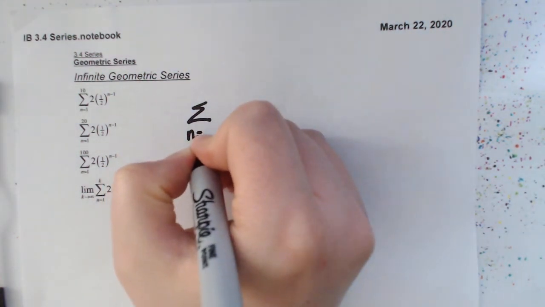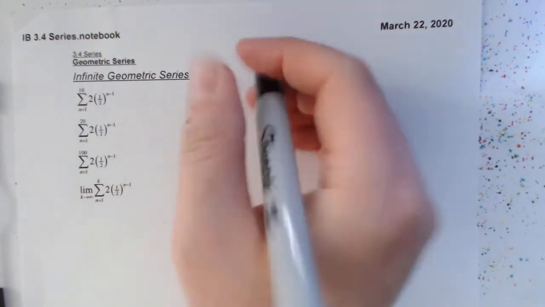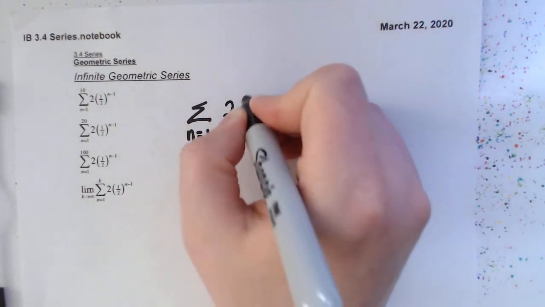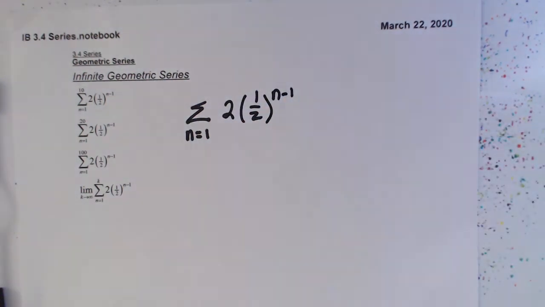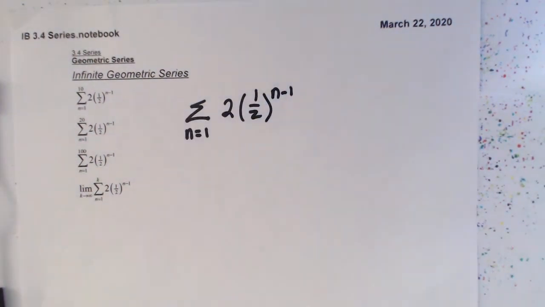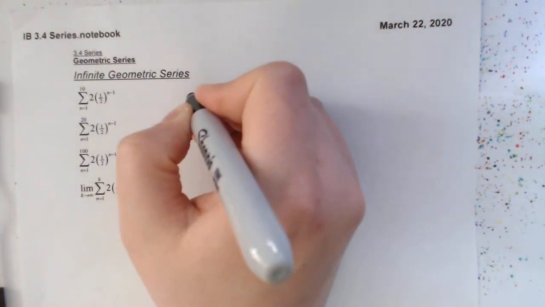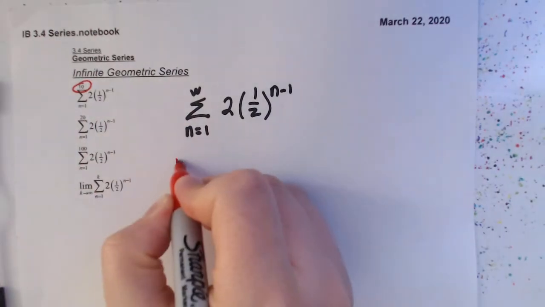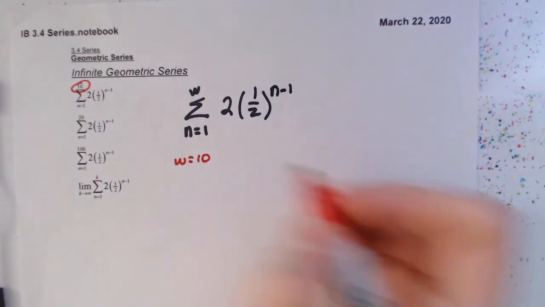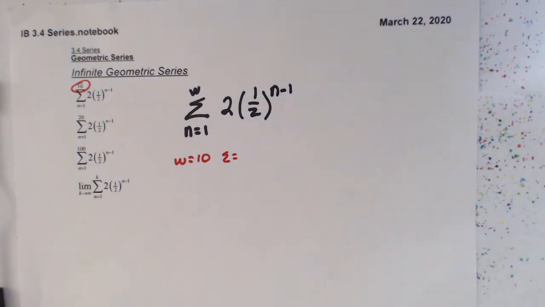I'm going to write it out bigger, but I have this summation of n equals 1 to some number, of 2 times 1/2 to the n minus 1. And this number's changing, so I'm going to just put a W. So when W is 10, our summation is going to be something.